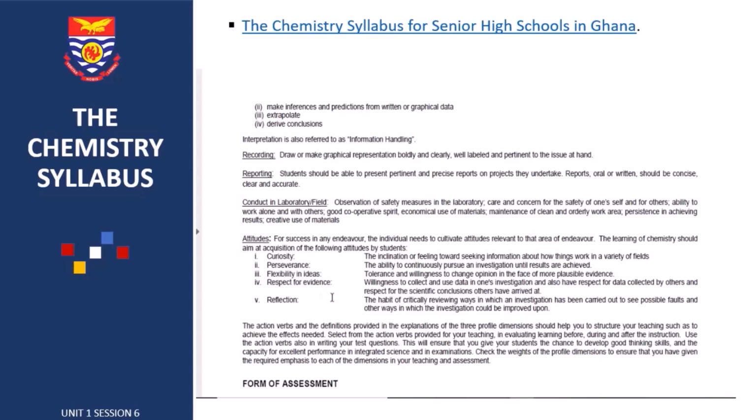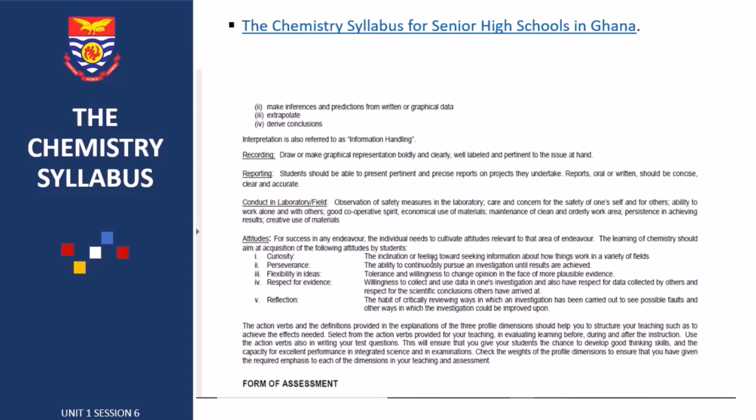Respect for evidence, the willingness to collect and use data in one's investigation, and also have respect for data collected by others, and respect for the scientific conclusions others have arrived at. And 5. Reflection, that is the habit of critically reviewing ways in which an investigation has been carried out to see possible faults and other ways in which the investigation could be improved upon.